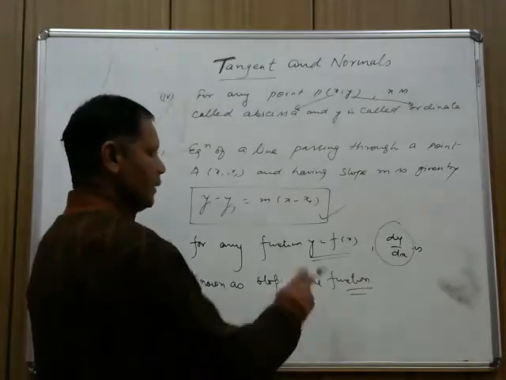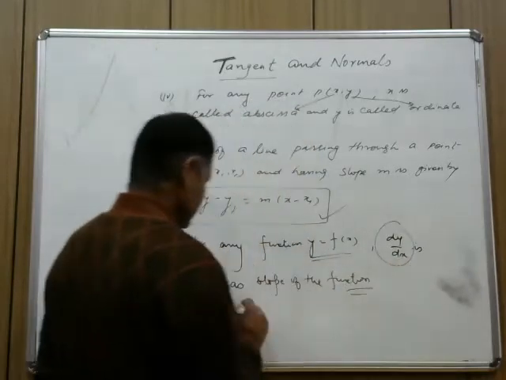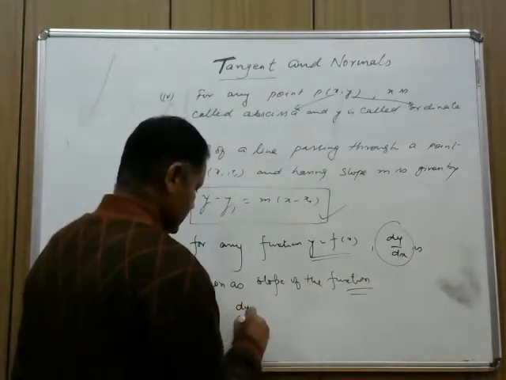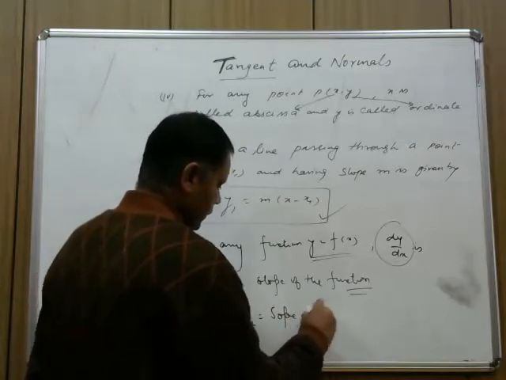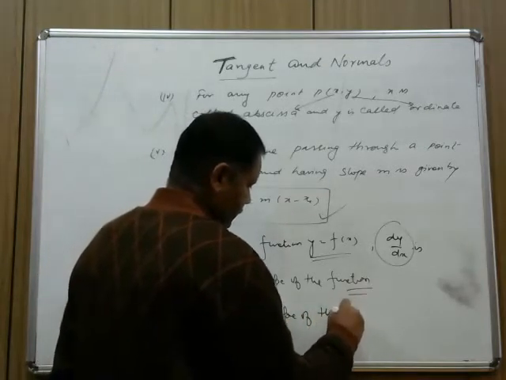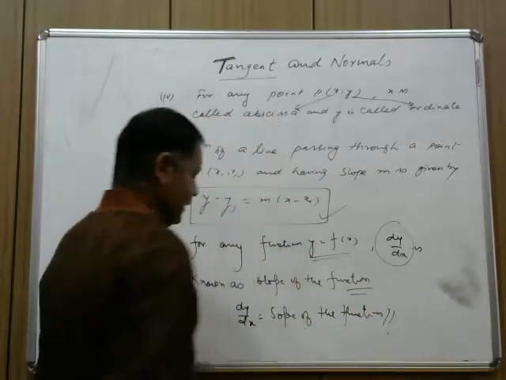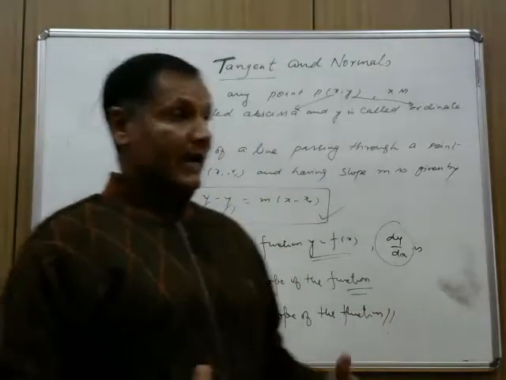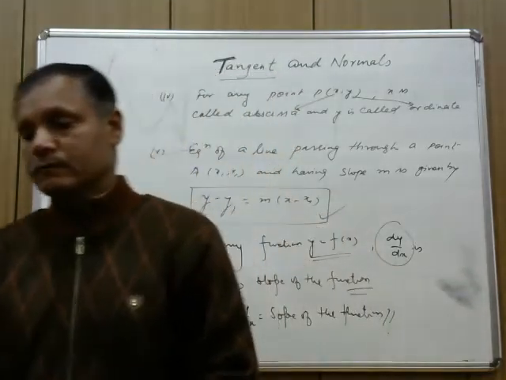That is, dy by dx is equal to the slope of the function. Now the slope of the function at, and of course you have to find the slope at any particular point, right?